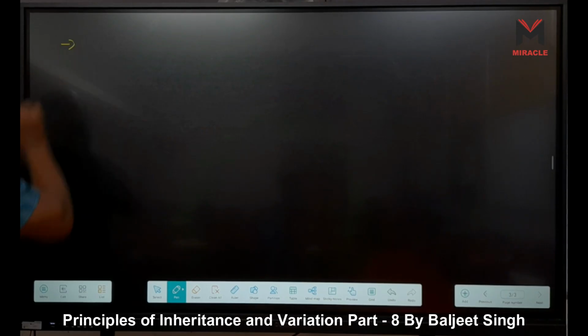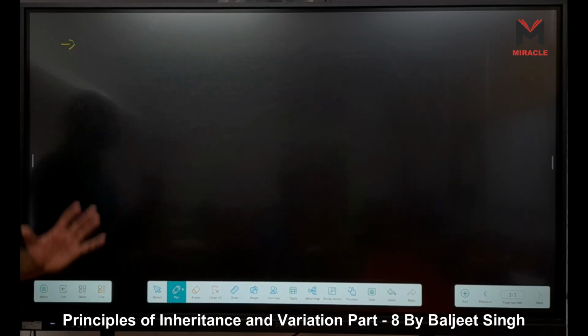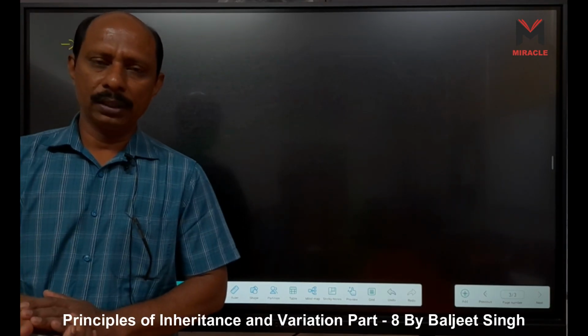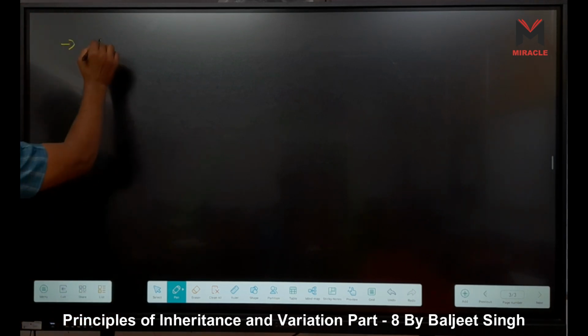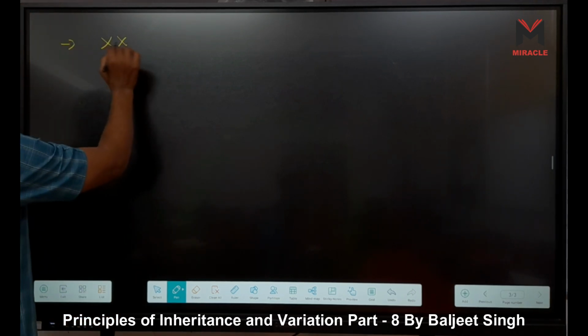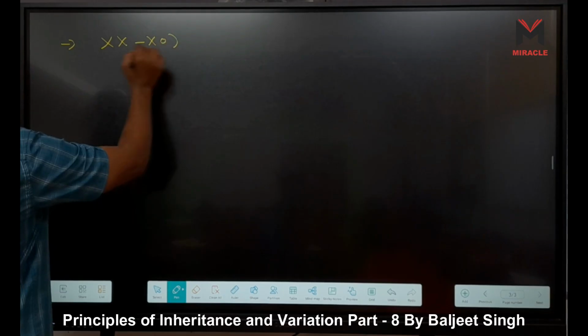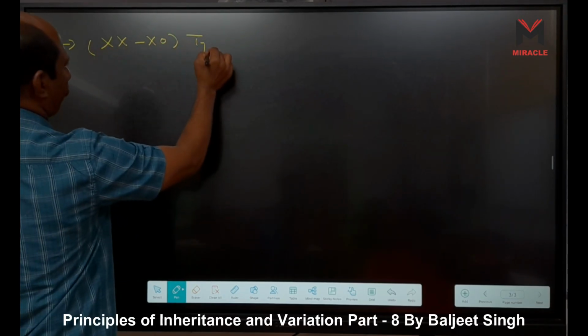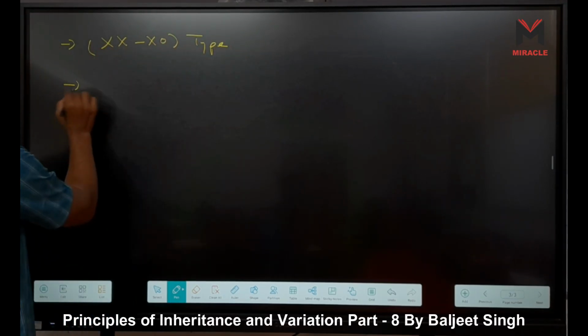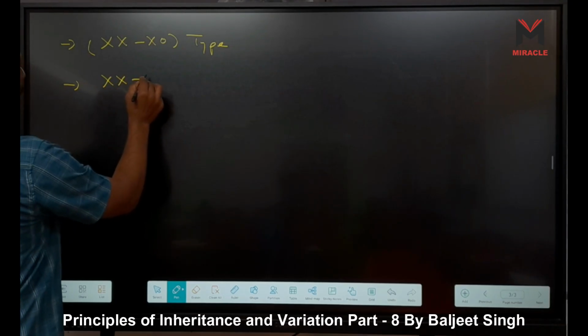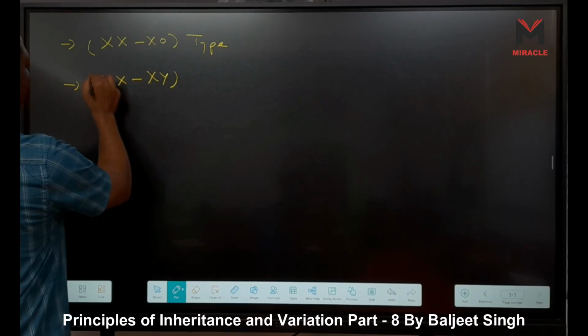Now what we read in this chapter here, how many types of chromosomal type of sex determination? First we write here XX and XO type, right? Second we read here XX and XY type.